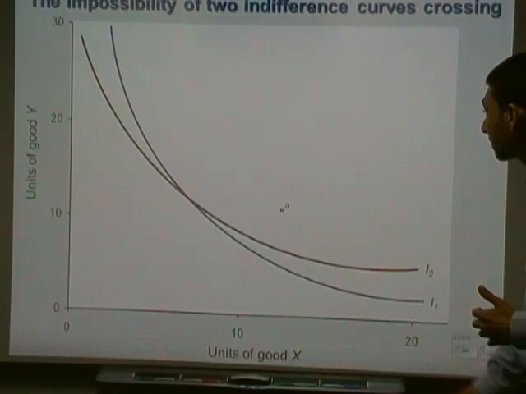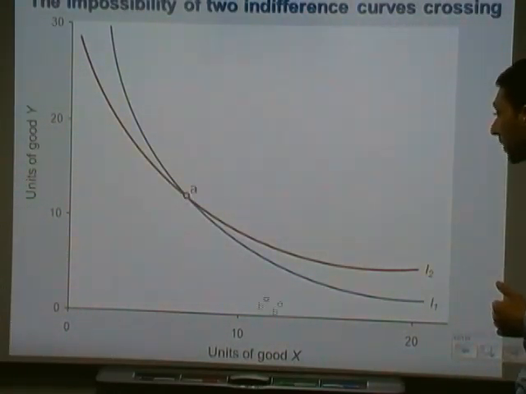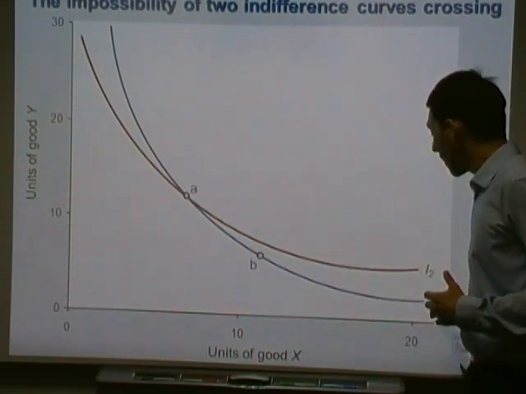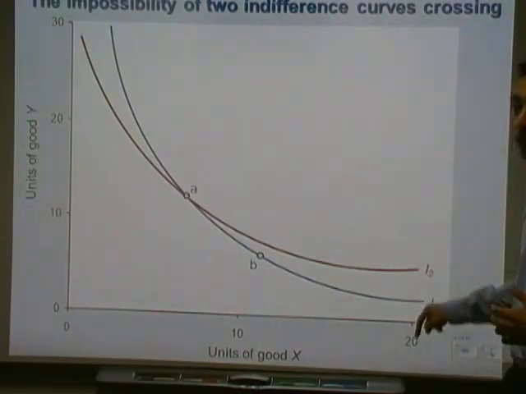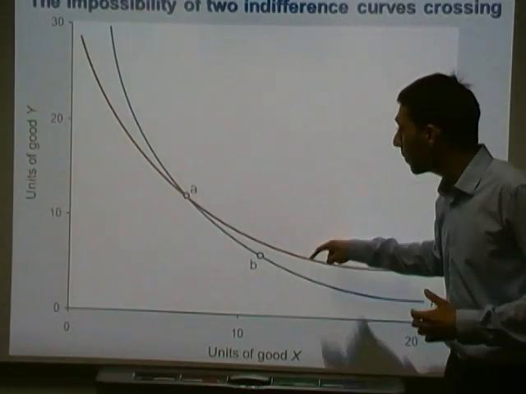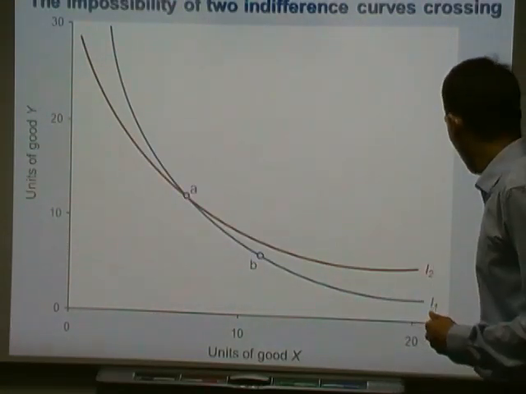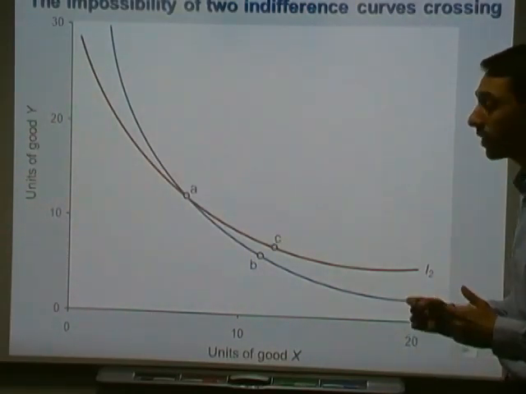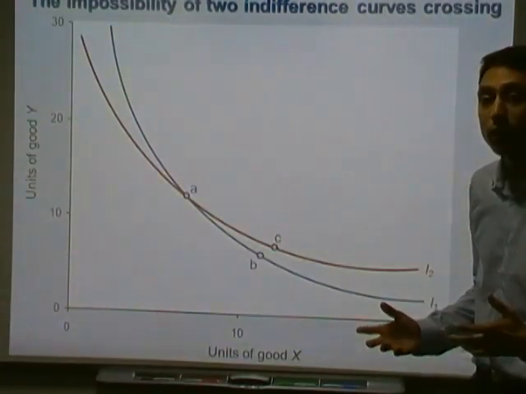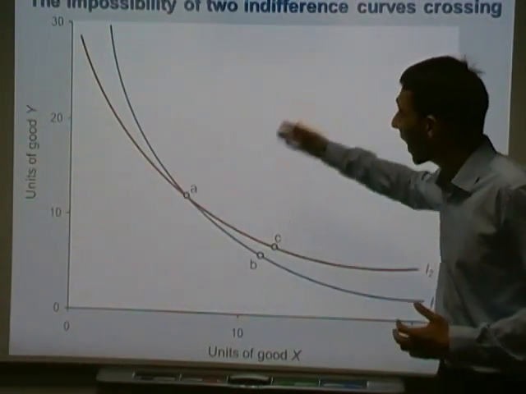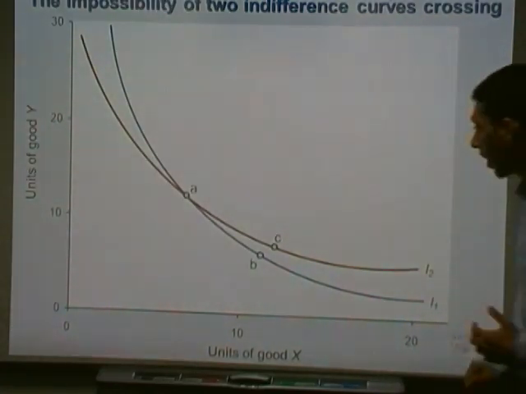Now consider that the point of intersection is A. Now, B is on indifference curve 1, and as per the definition of an indifference curve, A and B both are giving the same level of satisfaction, whereas as per the same definition, A and C also have to give the same level of satisfaction, as A is on both indifference curve 1 and indifference curve 2, right?